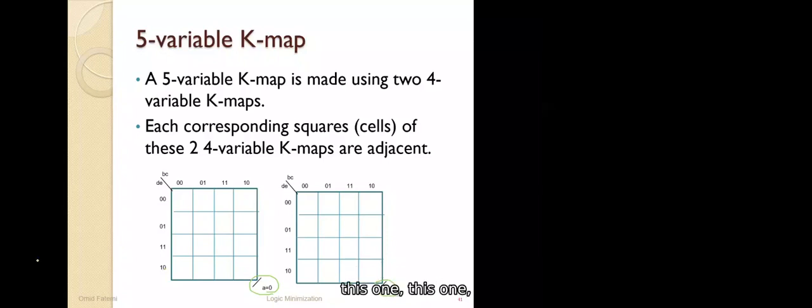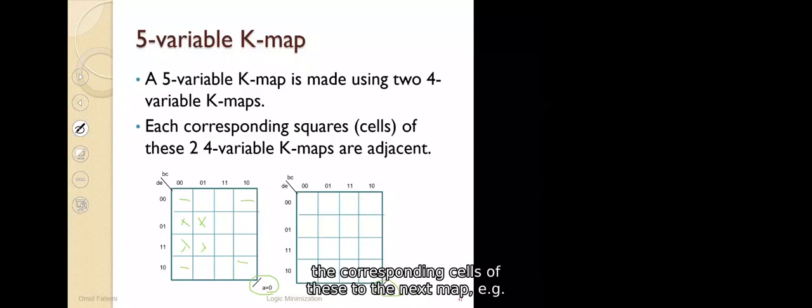For example, this one, they are adjacent. Or let's say this is adjacent. They are adjacent. So the things that we have already talked about. But you should also consider the corresponding cells of these to the next map.